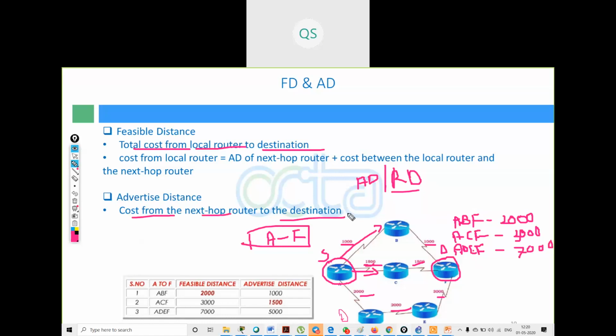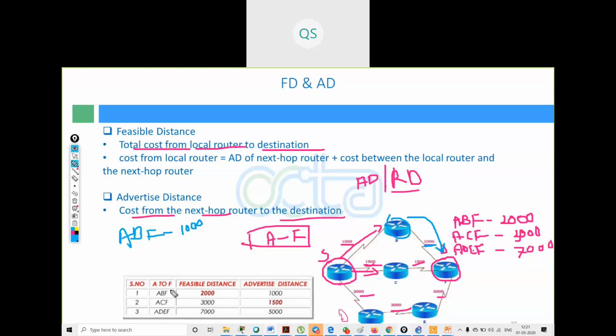If I go via ABF, my next hop router is B. The cost from B to F, my destination, is 1000. So the AD value of ABF will be 1000.